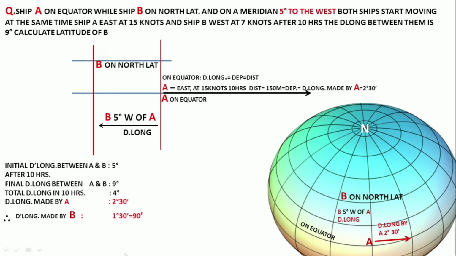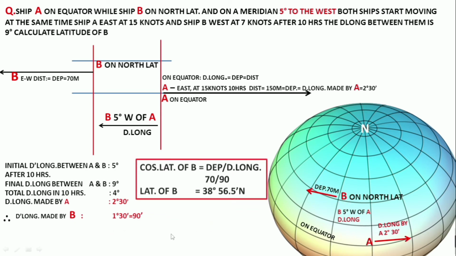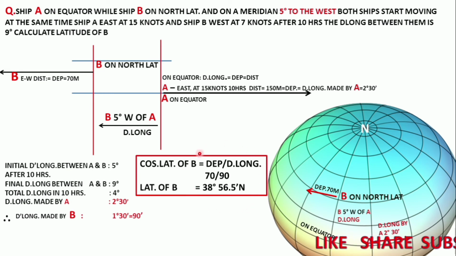Now B is moving west, along the parallel of latitude. Going west means along a parallel of latitude. So whatever distance she is doing in 10 hours at the speed of 7 knots will be 70 miles. That will be the departure made by ship B. You know the D long made by B. So we can always find out what is the latitude of B.